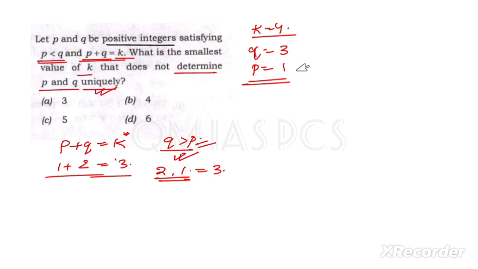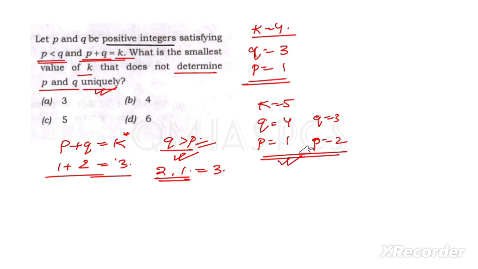If k is equal to 5, q is equal to 4 and p is equal to 1, or q is equal to 3 and p is equal to 2. Yes, we got two different values, not unique.